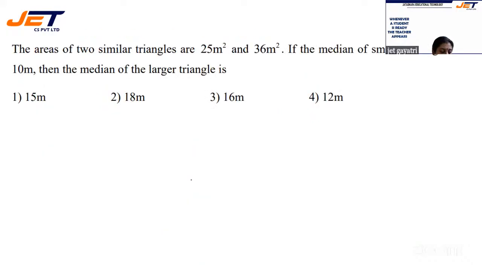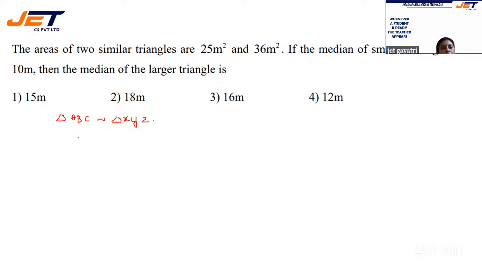The areas of two similar triangles are 25 meters and 36 meters. If the median of the smaller triangle is 10 meter, then the median of the larger triangle is dash. See here, we can use the same thing. Triangle ABC is similar to triangle XYZ.